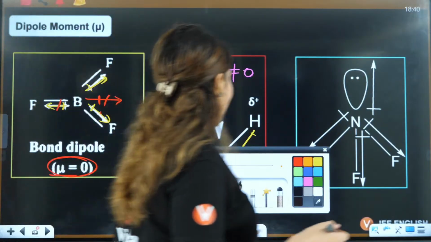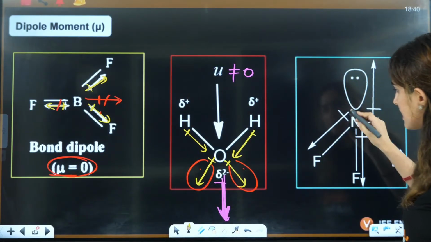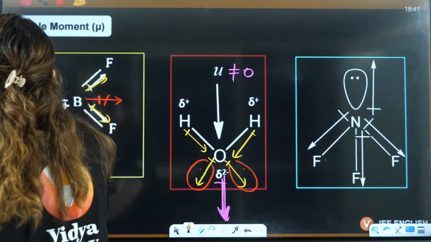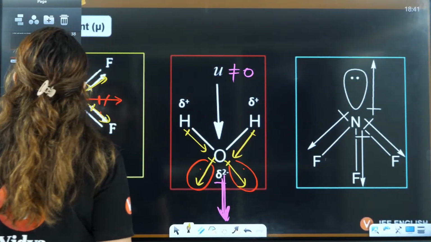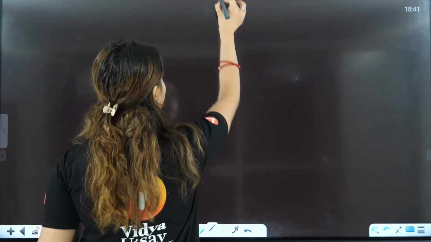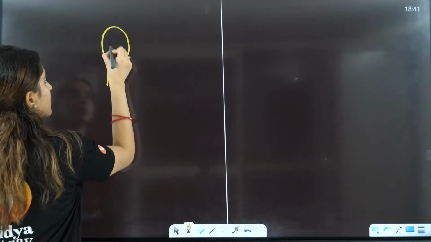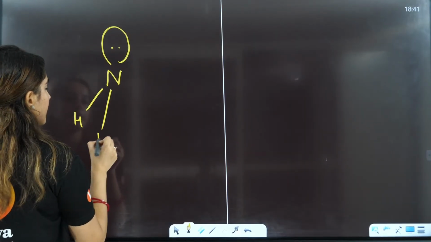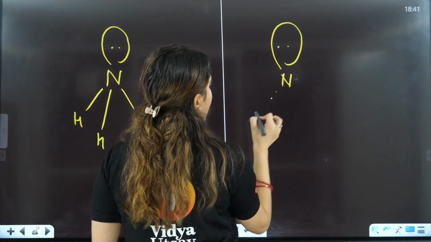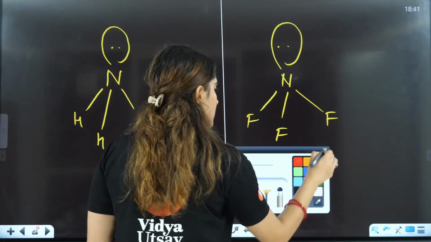If you talk about NF3, this atom is less electronegative. You know what I'll do? On the next page, I'll draw NH3 and NF3, so that you can compare them easily, right? Which will have more or less dipole moment, because that is a very famous question. So this is H, H and H. Here this is F, F and F, right?